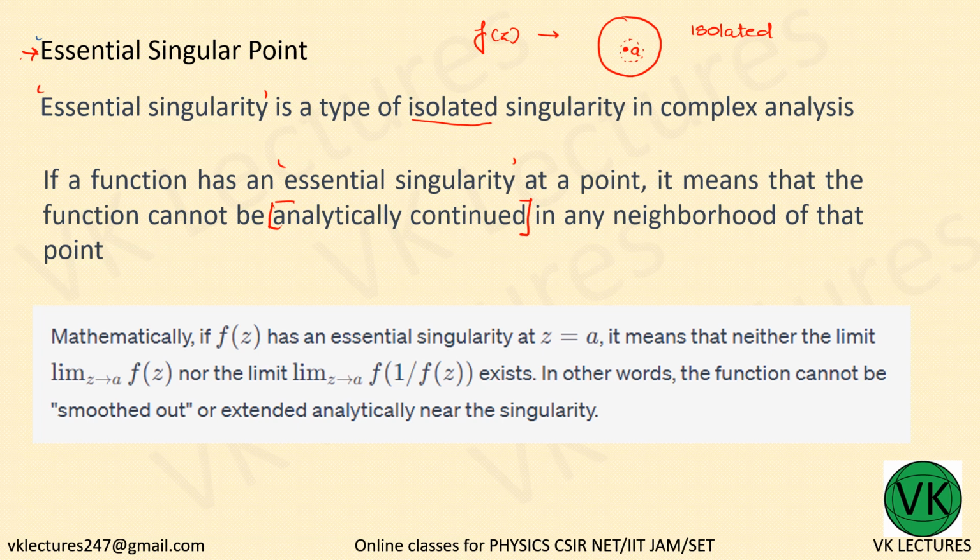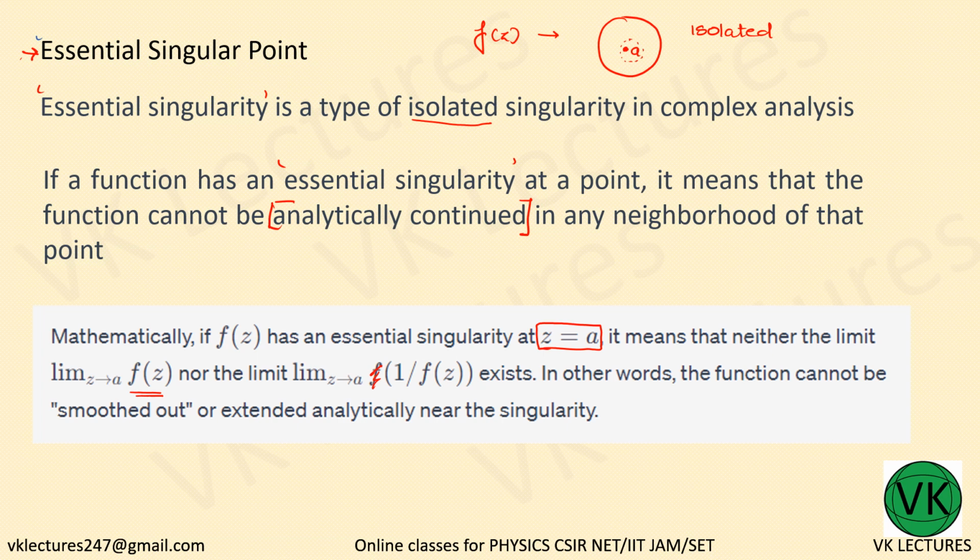Now mathematically, if f of z has an essential singularity at z equal to a, it means that neither the limit z tends to a of f of z, nor the limit z tends to a of 1 by f of z exists.